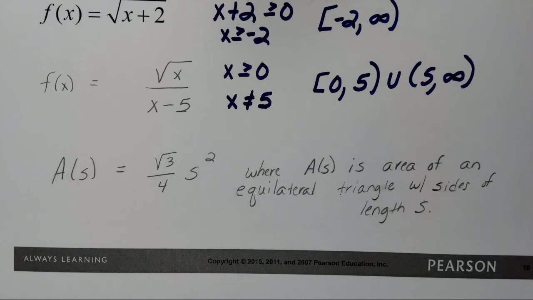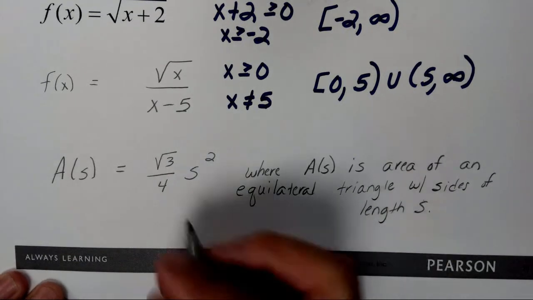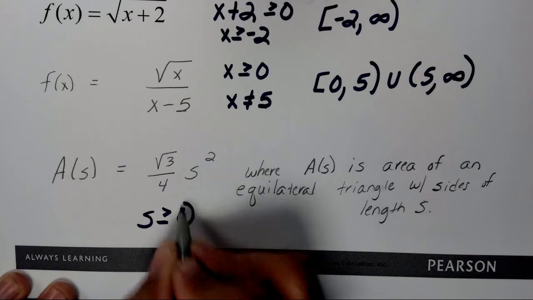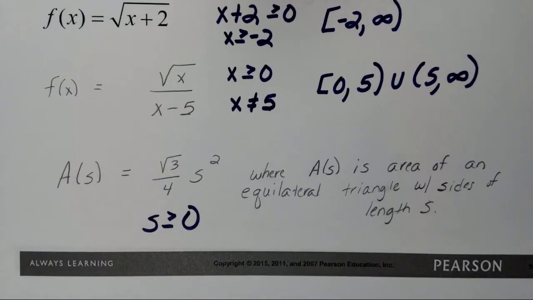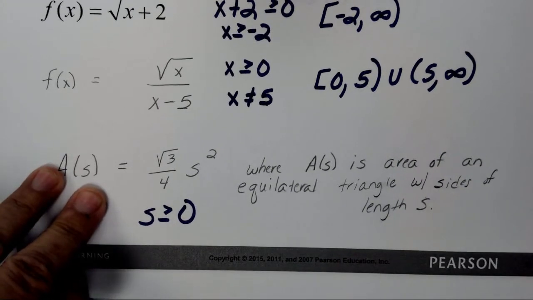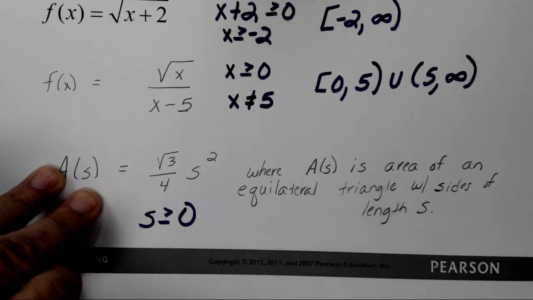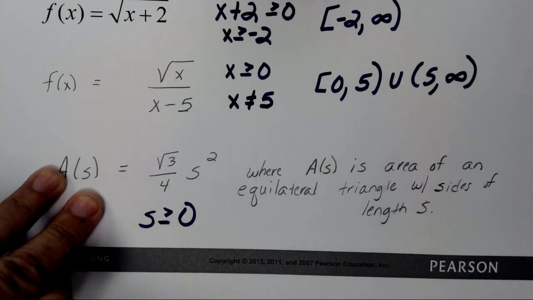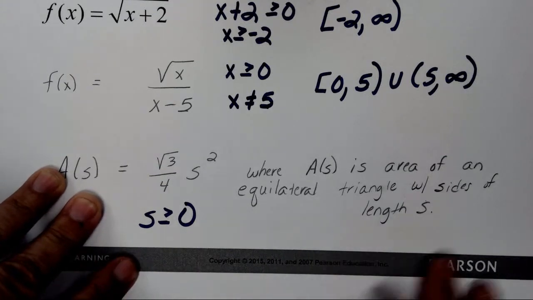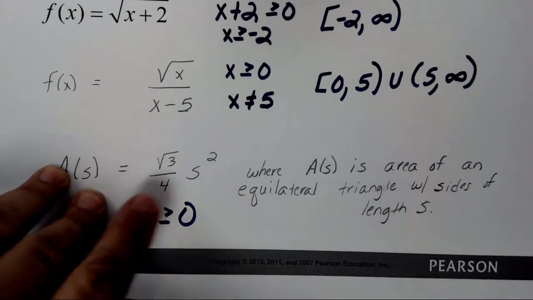So even though the implied domain is all real numbers, relevant to this situation, S has to be what? Greater than or equal to 0. So that my area and side don't become negative. And it's arguable about whether you even include the 0. I don't think it's going to be a point of contention, because technically S couldn't be 0 either, because then the triangle wouldn't exist. But typically most sources will go ahead and include the 0.